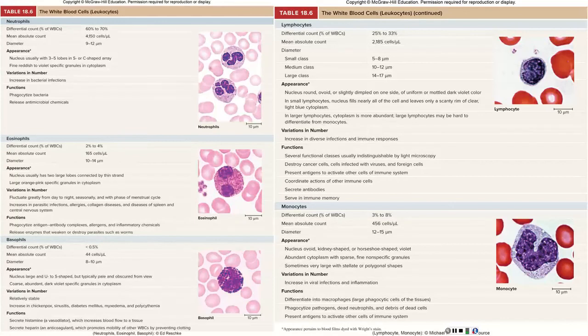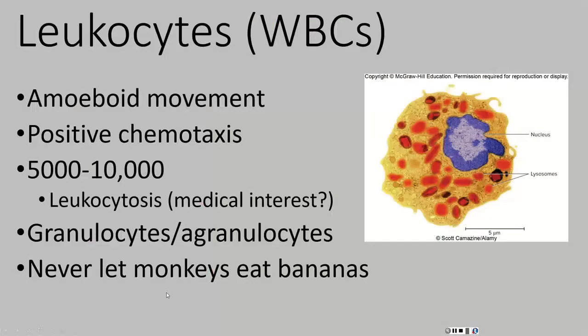Okay? But let's go back to Never Let Monkeys Eat Bananas. What is that? Well, that is how to tell which are the most abundant leukocytes and which are the least abundant. This is in order from most to least abundant.